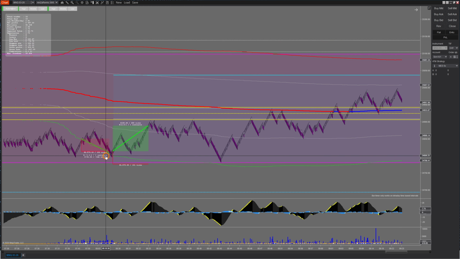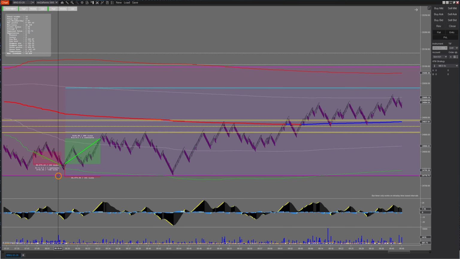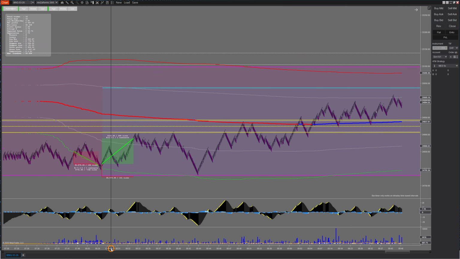Still really awesome. And that's what we're trying to achieve, is just consistent. And then if and when something like this happens, do we take that second trade? And even if we didn't take this trade, you know, let's see what our win rate is at that point.